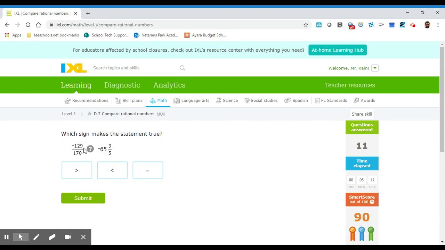So time to pull out the calculator. Let's do 129 divided by 170. See what we get. 129 divided by 170 is 0.758. So this one is going to be negative 0.758. This one is negative 65 and 0.6.